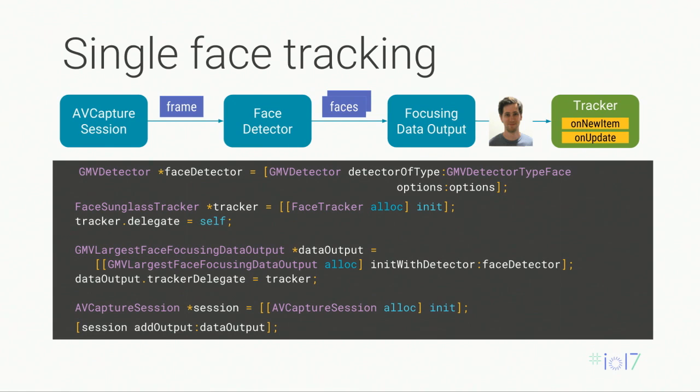To configure the pipeline, the first step is to instantiate a face detector and a tracker, and you instantiate a largest face focusing data output, which is basically the same as the largest face focusing processor on Android. Then you use the AV capture session to get frames from a camera, and the whole pipeline will start working.